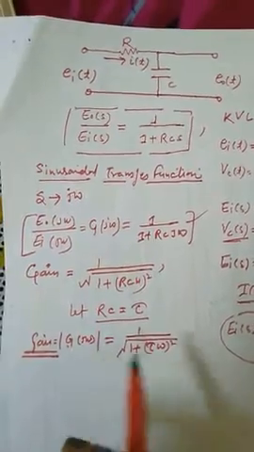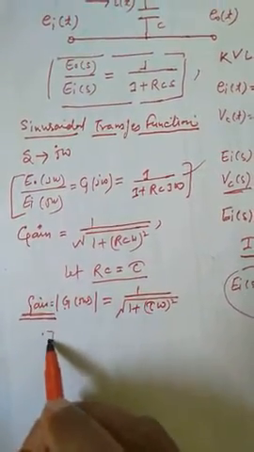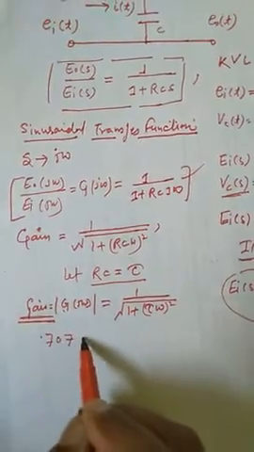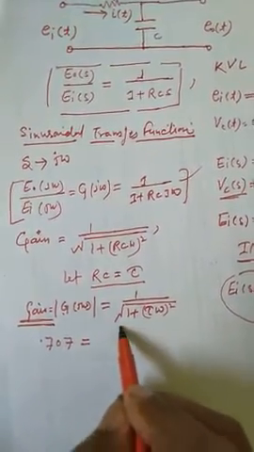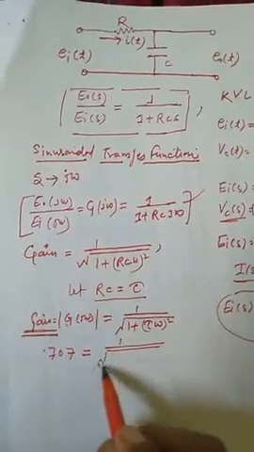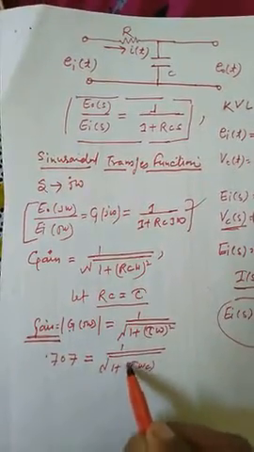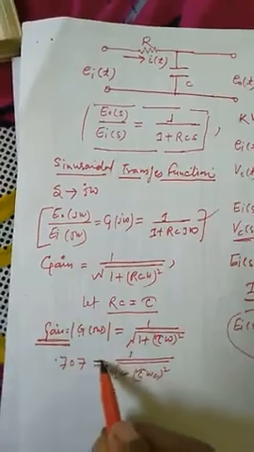So it may be written as 1 upon the square root of 1 plus (tau omega c) squared equals 0.707.